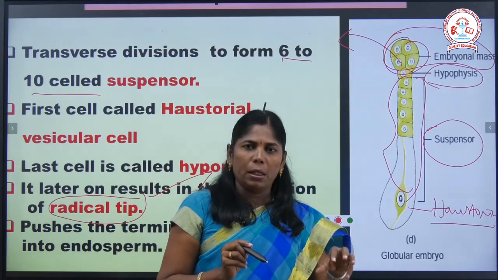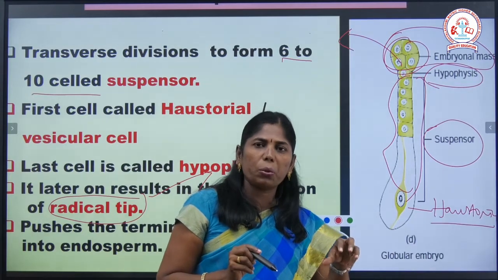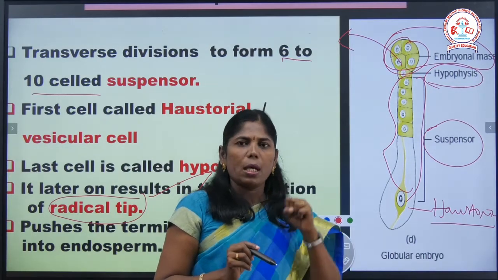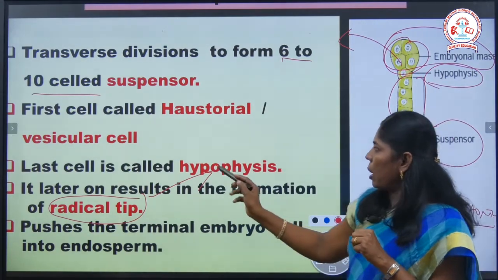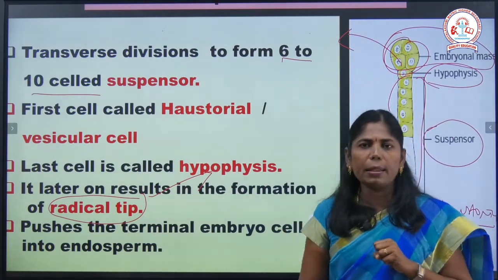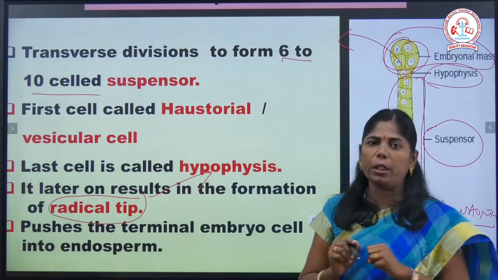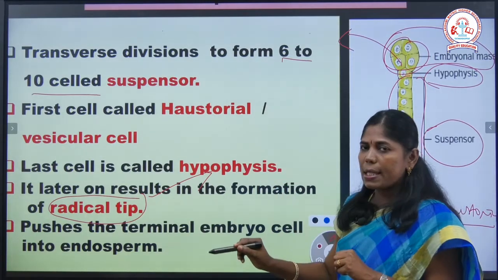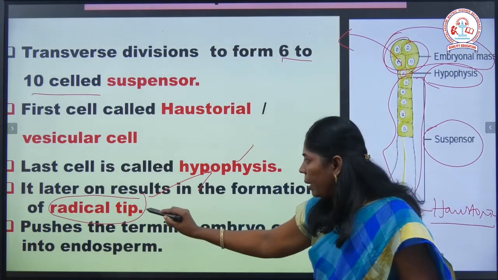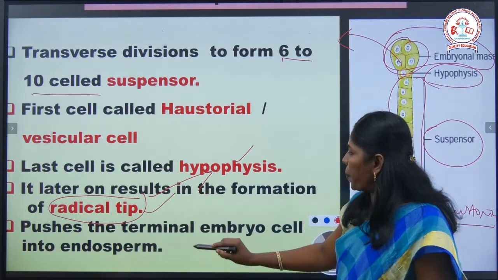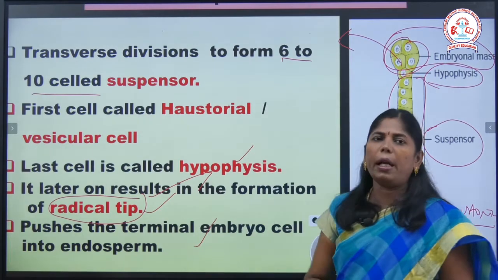Because they need nutrition, and they have to get the nutrition from the endosperm. That function is taken over by the last cell of the suspensor, the hypophysis. The function of the hypophysis is to form the radicle tip and push the terminal embryo cell into the endosperm.